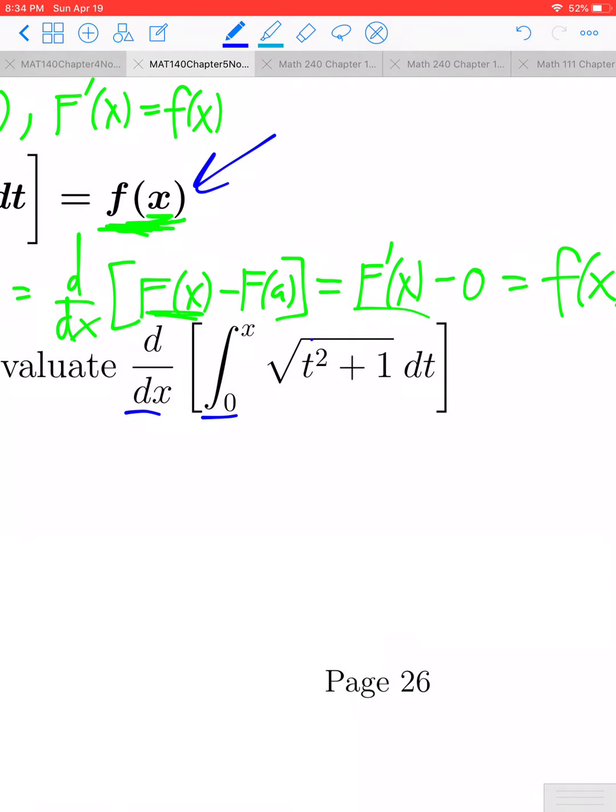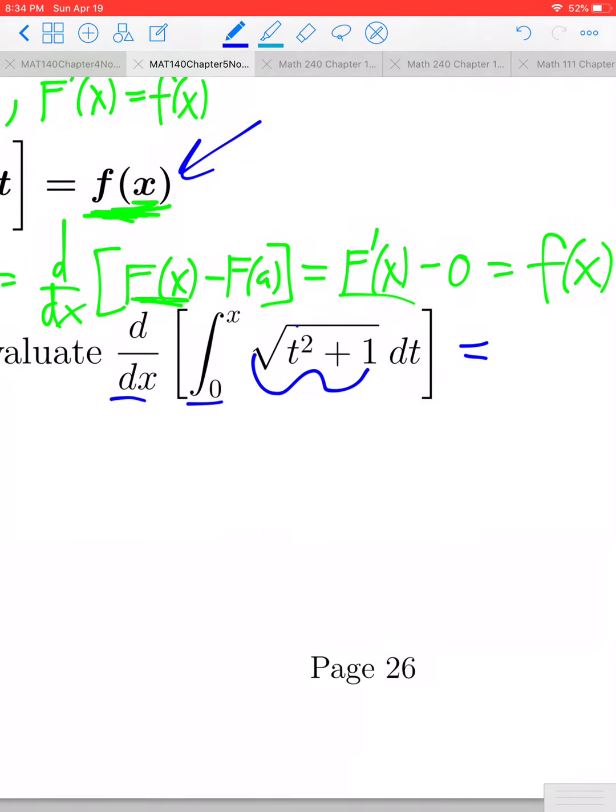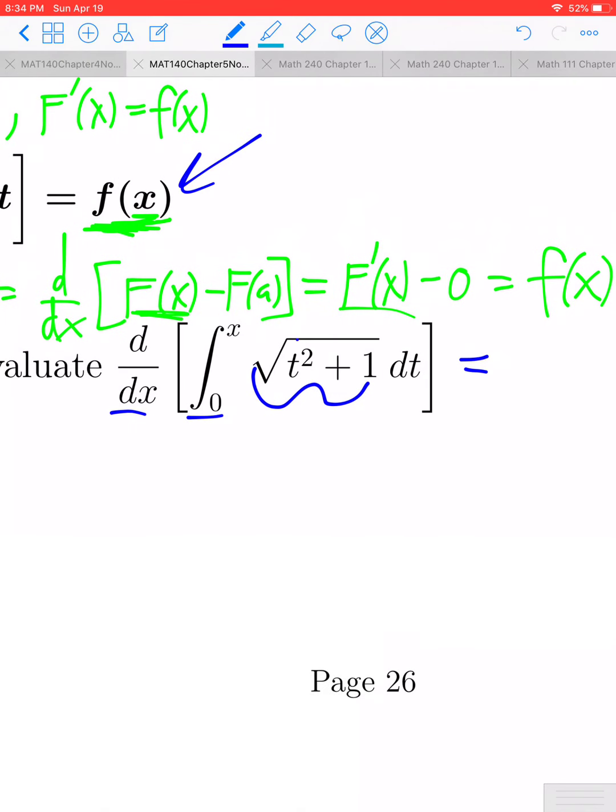So according to the second fundamental theorem of calculus, we're essentially thinking of those two operations as being inverses of each other. So the basic idea is that we should just simply get the integrand back. Whatever the definite integral does, the derivative will undo it. However, we don't get a function of t, we're going to get a function of x, which is our upper limit of integration. So without doing any work, we would know that the final answer here is going to be the square root of x squared plus 1.